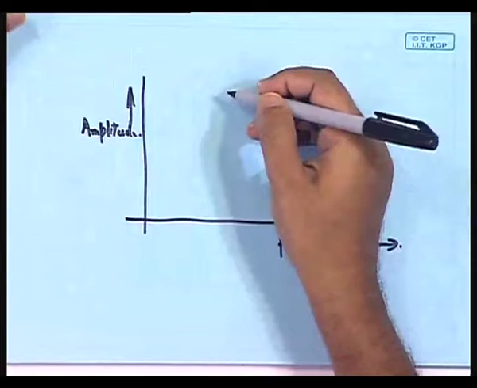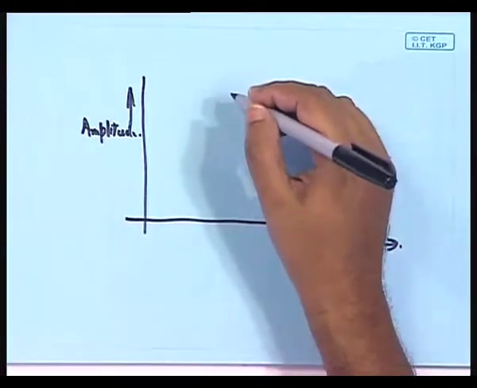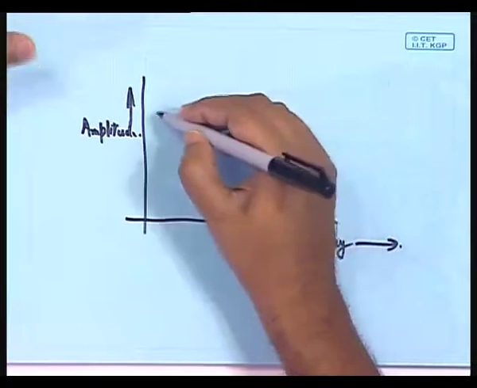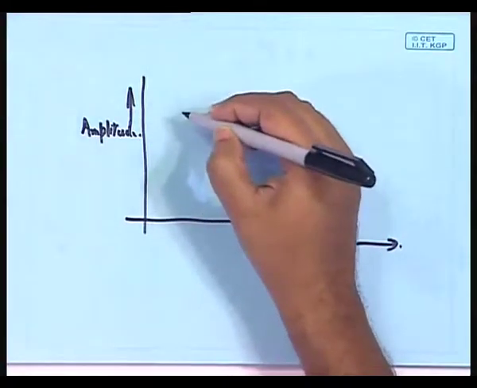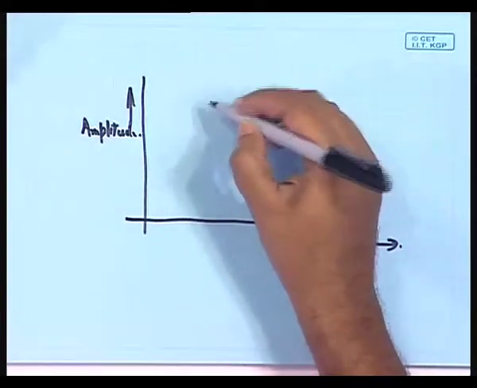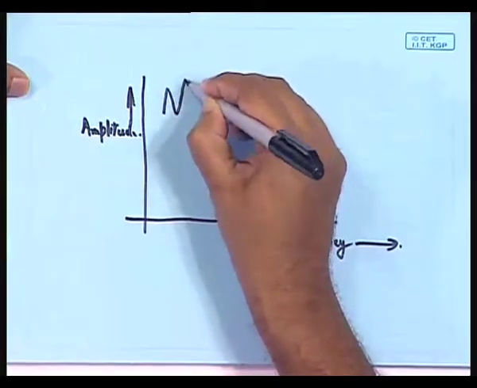Now, if the pitch is, let us say, 100 hertz, then you will observe peaks corresponding to the multiples of 100 hertz. And how are the multiples generated? Again, because it is rich in harmonics.